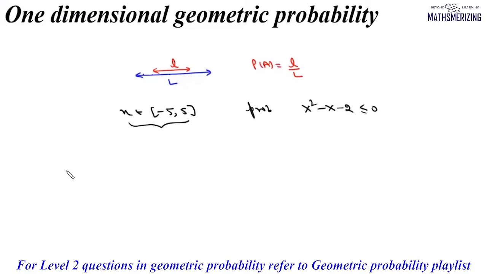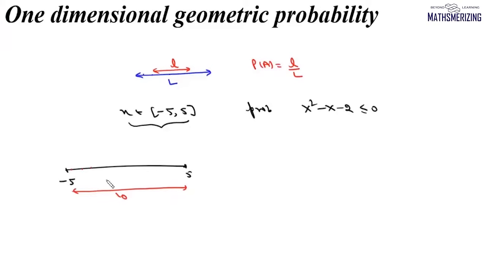So this x can be represented by this line segment starting from -5 to +5, where the length of this line segment is simply 10. Now, any point on this line corresponds to a unique value of x starting from -5 to +5.